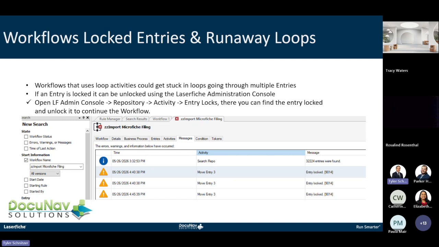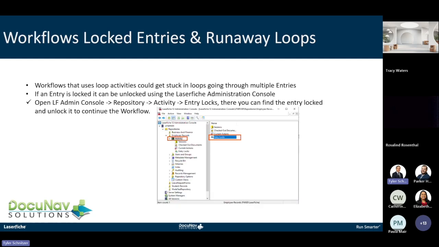It's a pretty easy solution. You'll have to make sure you know this document and keep it to the side for now. But to get through the rest of the workflow, you can always open up your Laserfish admin console, which you can work with your LF admin user for, and go to that repository. So in this example here, you can go to your employee records repository or whatever the one you guys have and go to activity.